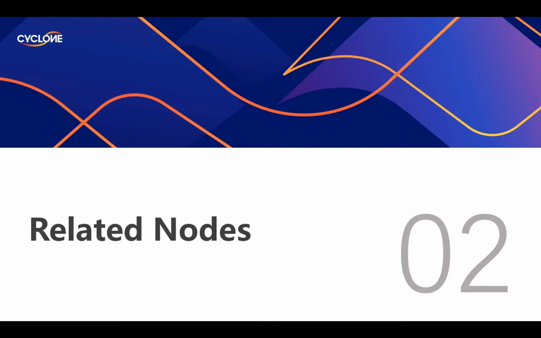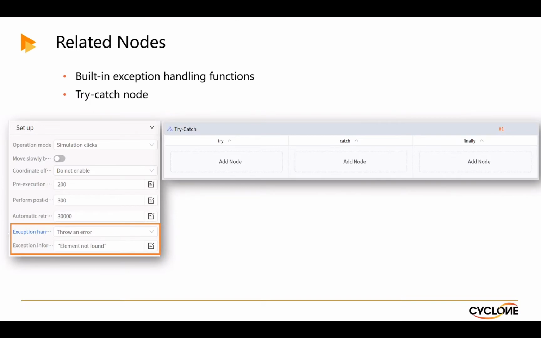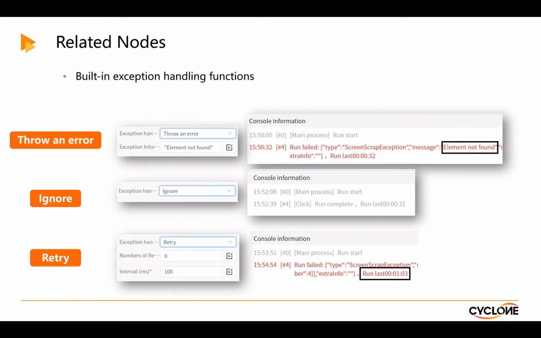automation. Next, let's have a look at the nodes related to handling exceptions in Cyclone RPA Designer. Many nodes in the designer have built-in options to handle exceptions, and we can choose from throw an error, ignore, and retry. When we choose throw an error, we should also set the exception information, which would appear in console information once the exception occurs.